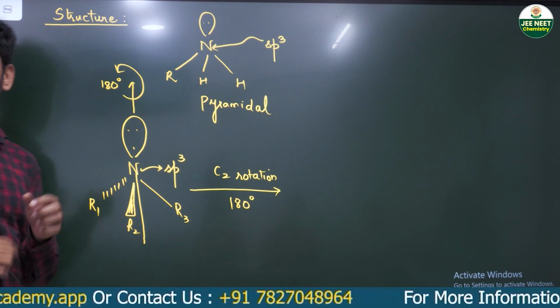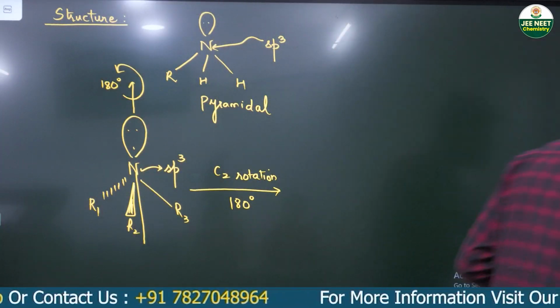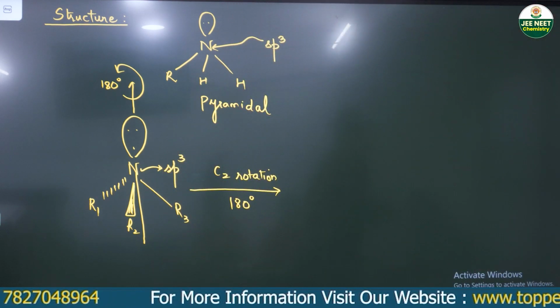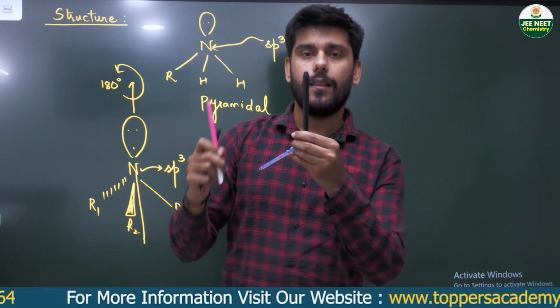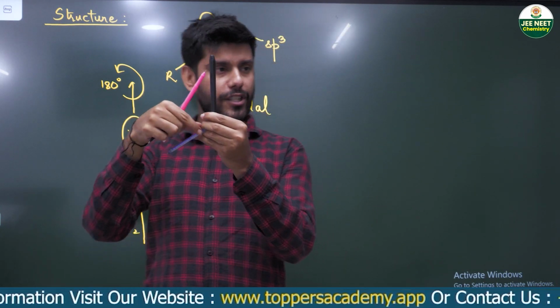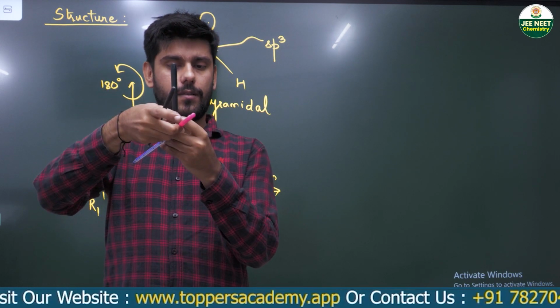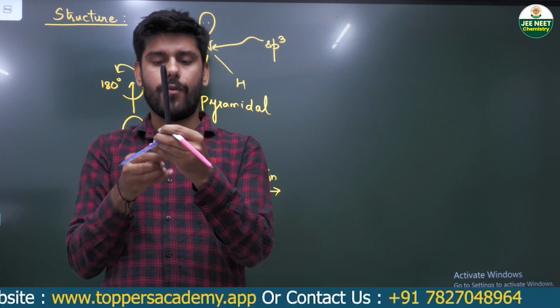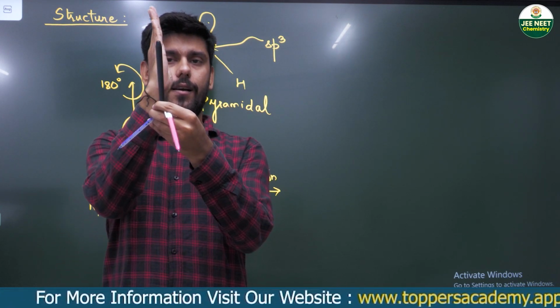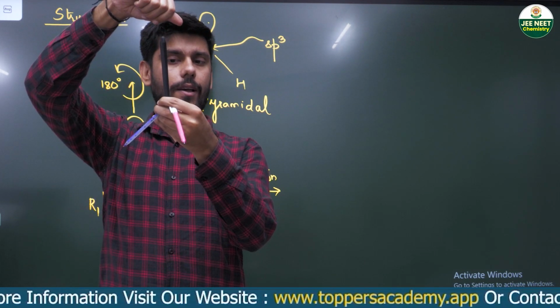Look here. This is the lone pair. This is the R group which is in the plane. One is behind and one is in front. I am rotating it by 180 degrees.